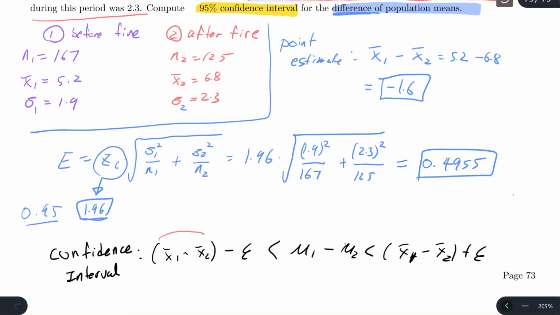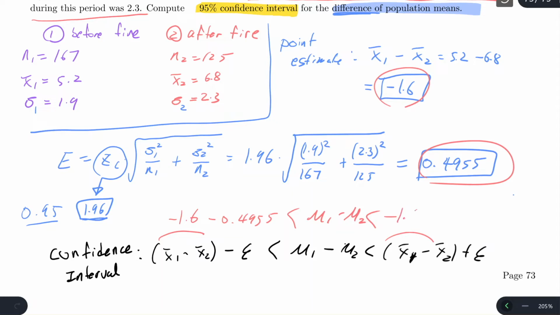We know this value already, negative 1.6. Negative 1.6 minus the margin of error, 0.4955. Now we add the margin of error, 0.4955, to the point estimate.